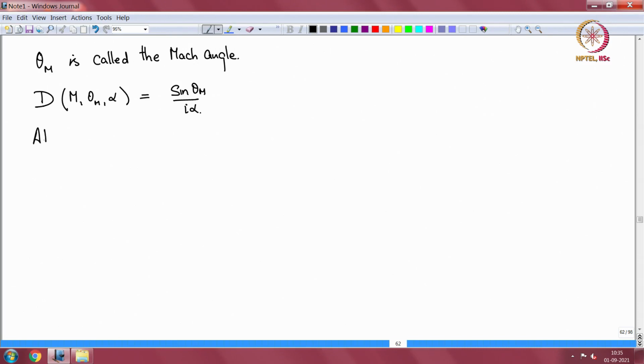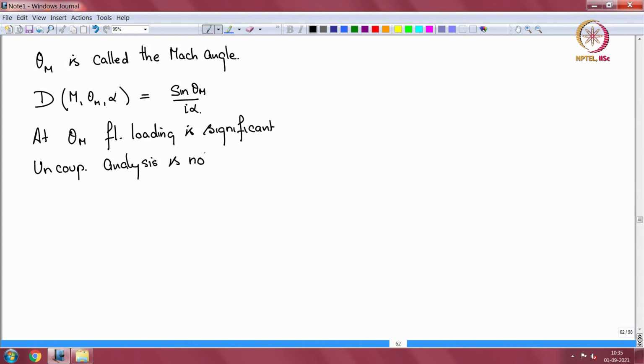So at Mach angle, fluid loading is significant. Which means uncoupled analysis is not good enough, not adequate. You have to do the coupled analysis.